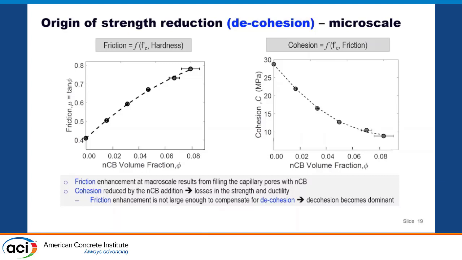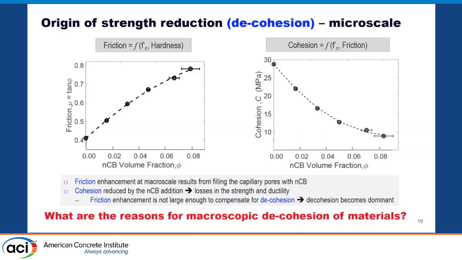The friction enhancement can be dominant compared to the decohesion, and this is why we have the answer to our question: the addition of nanocarbon black leads to the reduction in macromechanical characteristics of ultra-high performance concrete due to the decohesion of the matrix between the nanocarbon black and the cement matrix of UHPC.